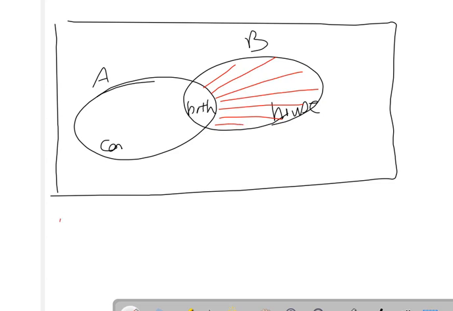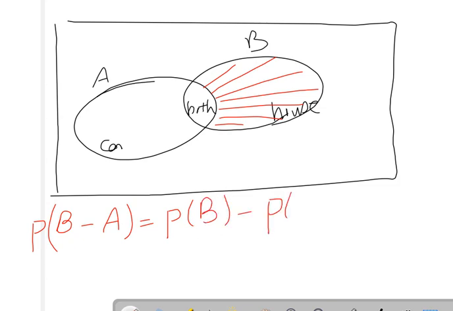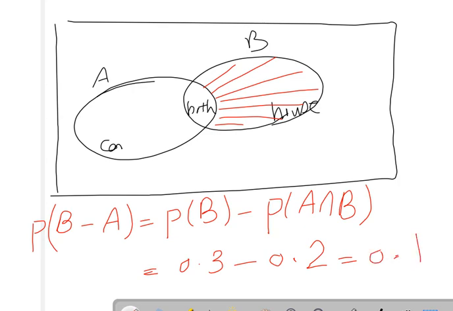It's B minus A. It's all the elements in B that are not in A. So it means just house. The probability of B minus A is the probability of B minus the probability of A intersection B. The probability of B is 0.3 minus the probability of the intersection, 0.2. So 10% of the population just owns a house.